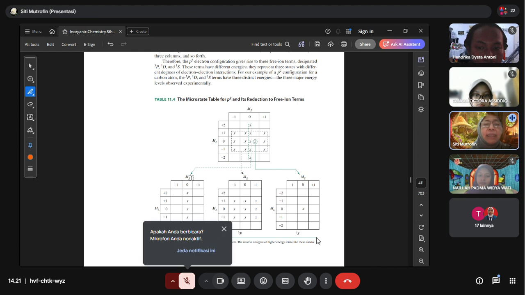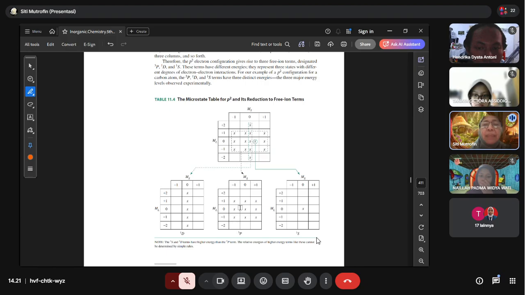For the 1D, you find the rectangular shape between ML and MS equal to 0. For 3P, you find the rectangular shape between ML and the 3 values of MS. While for the 1S free ion term, you find ML and MS match to 0.